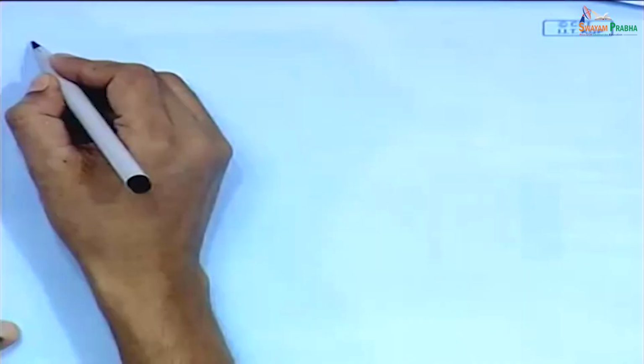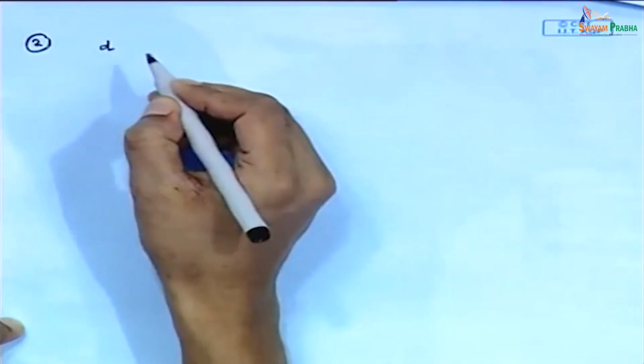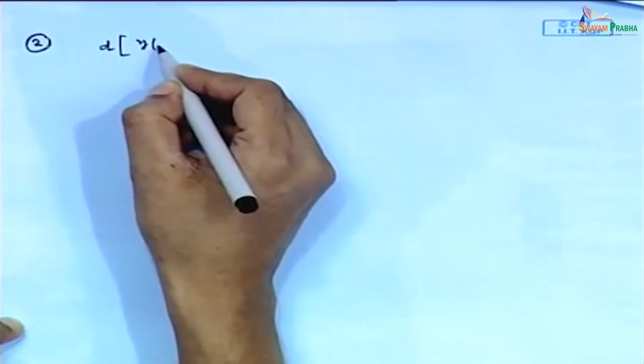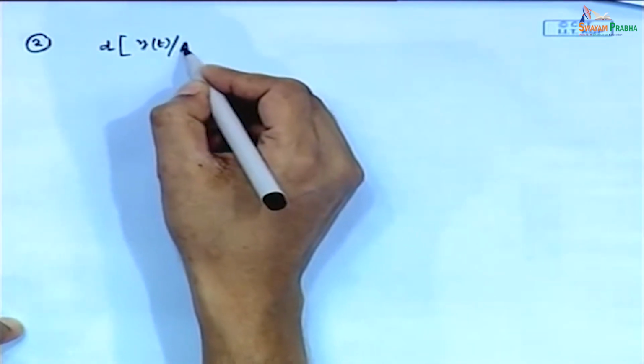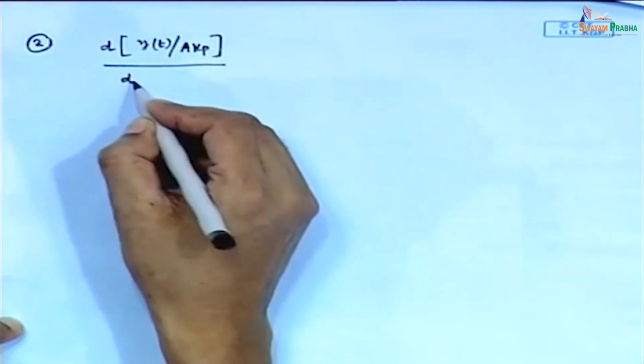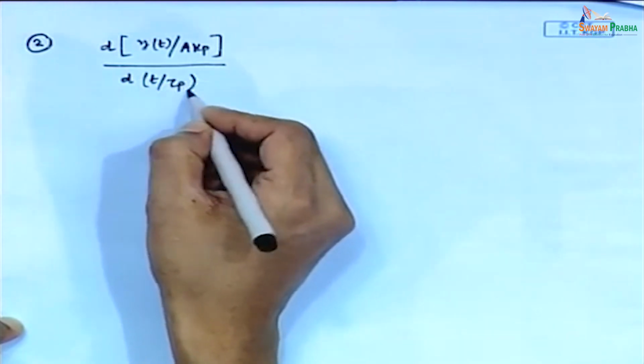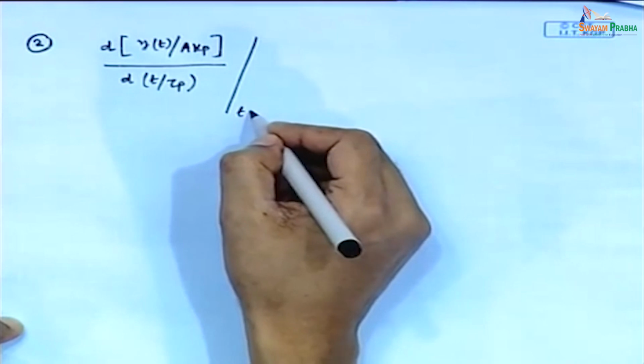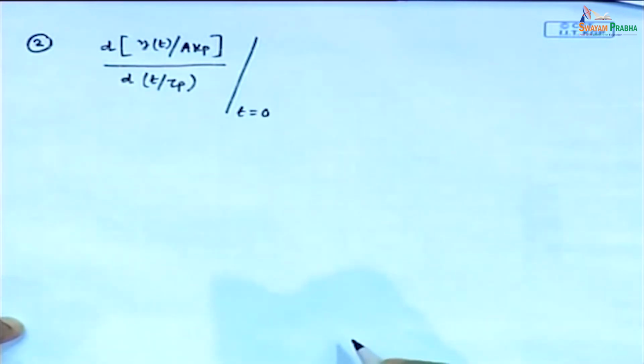Second remark, what is the slope of this response at time t equal to 0? Can you calculate the slope at time t equals to 0? I mean d of y t divided by a k p, d of t by tau p at time t equals 0.